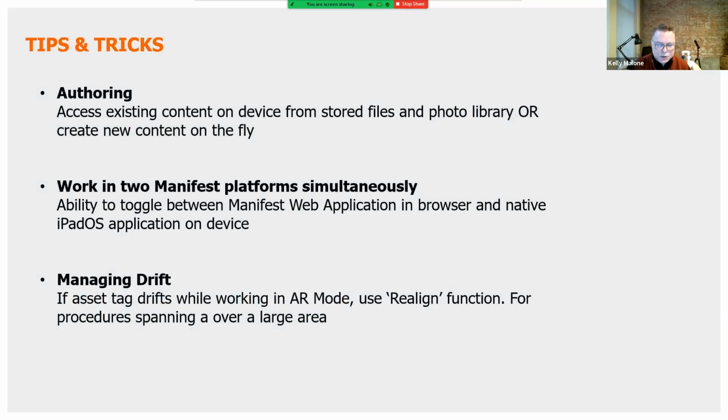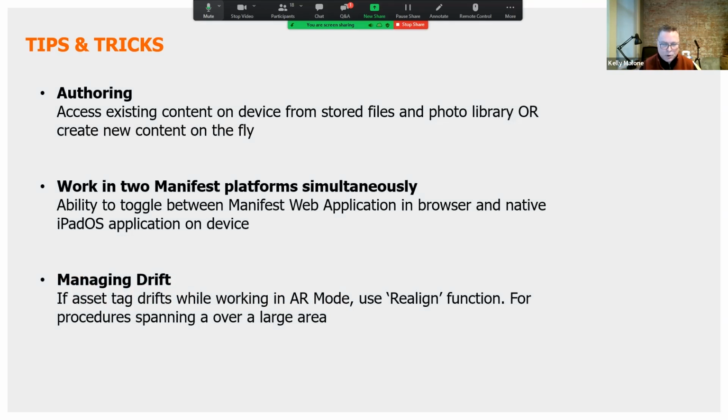So some tips and tricks, particularly with authoring, you can access existing content on the device. So you saw me actually live record, so I use the camera, but I can also just access files that are available both on device or through any cloud storage that's linked to the device.